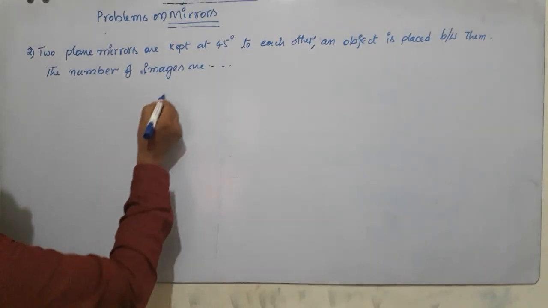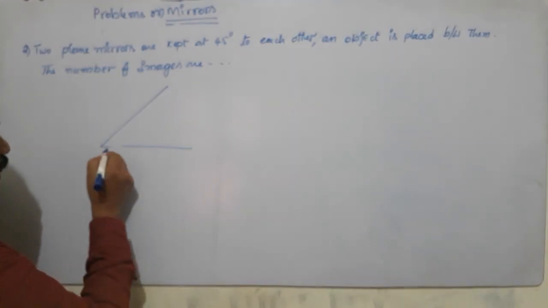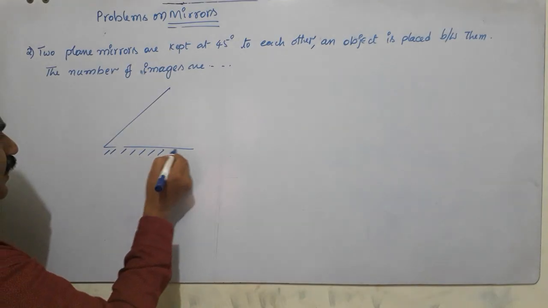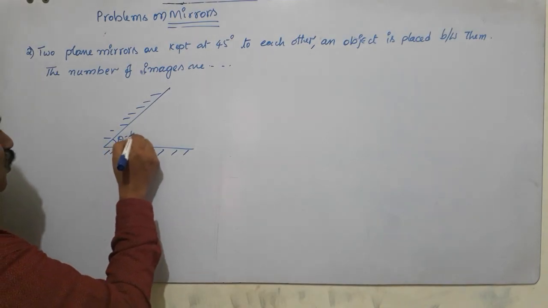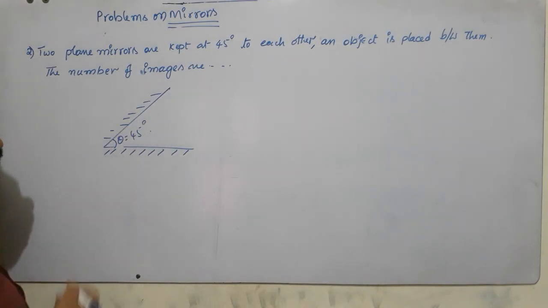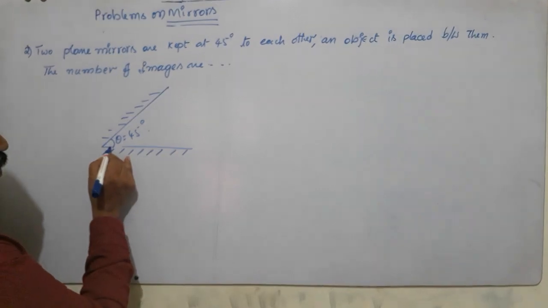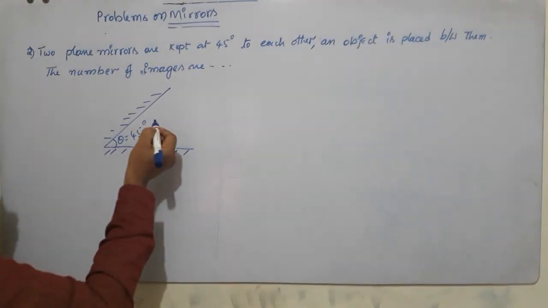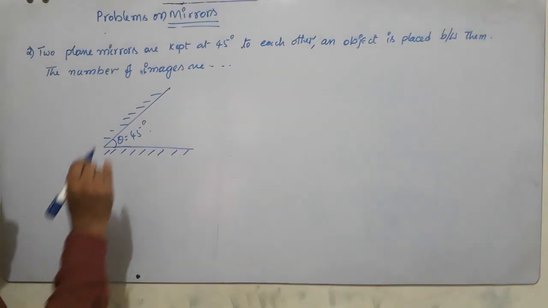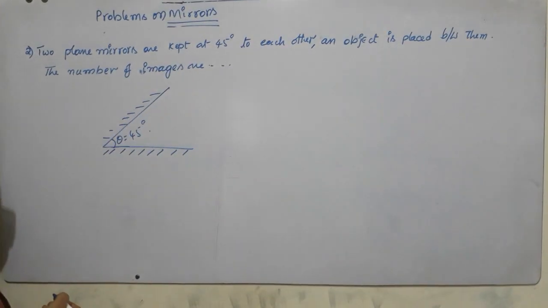See here, these are the two mirrors arranged at an angle of inclination theta, and this theta equals 45 degrees. Here it is not mentioned whether the object is kept on the bisector or at any other point.